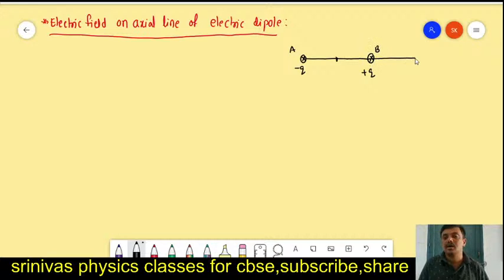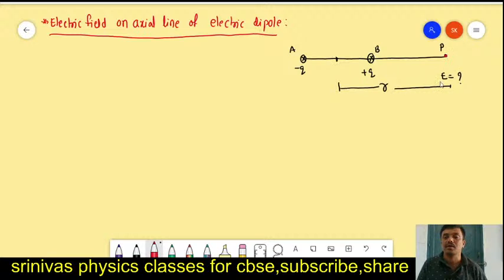At a distance r from the center of the dipole, I want to find the electric field at point P, due to the dipole on the axial line. This line passing through the two charges is called the dipole axial line.